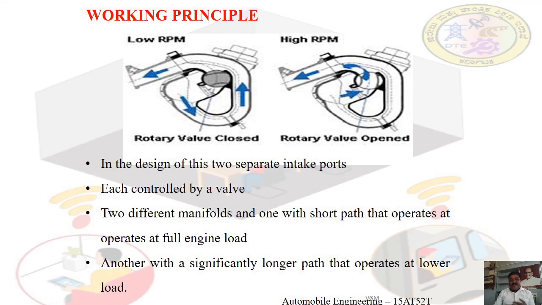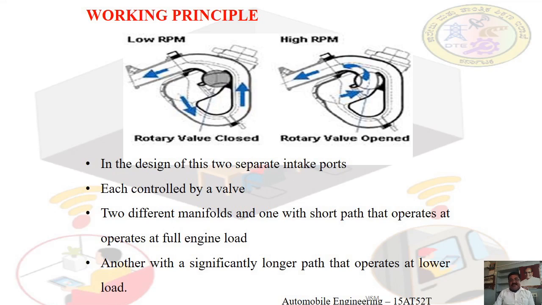In the other case, when the engine runs at higher RPM, say for example more than 1500 RPM, say 2000 RPM, 2500 RPM, 3000 RPM, 3500 RPM, the engine requires more fresh charge, more intake air through the intake manifold system.